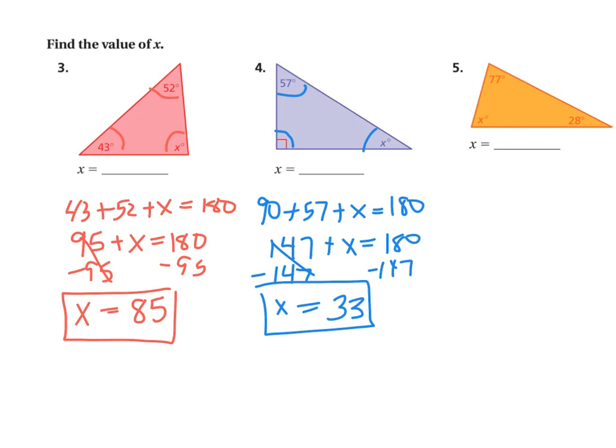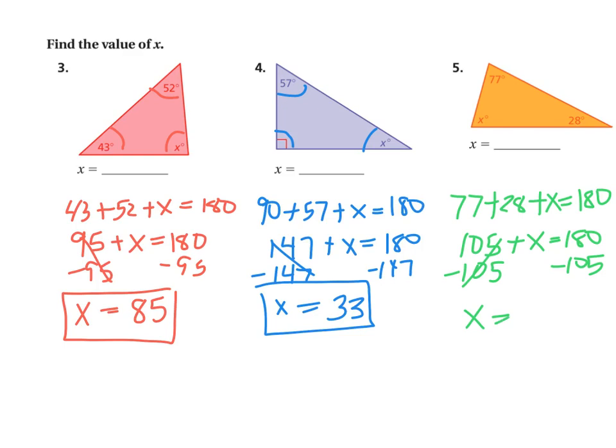Good. All right, last one. Well, the number 5. We actually have 3 more after this. So again, we have 77 plus 28 plus x equals 180. So 77 plus 28 equals 105 plus x equals 180. So I'm going to subtract 105.